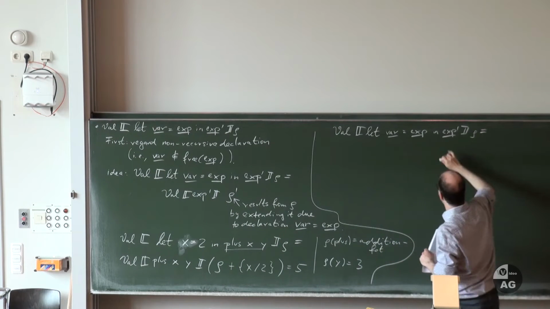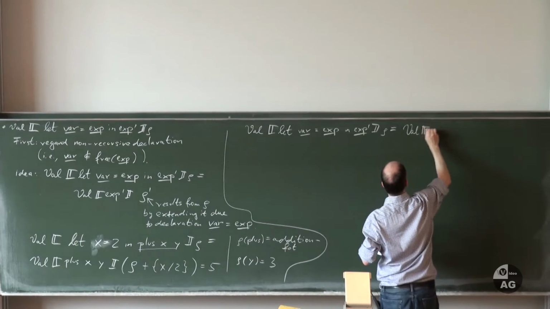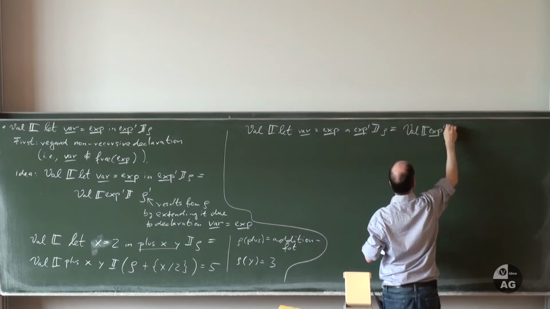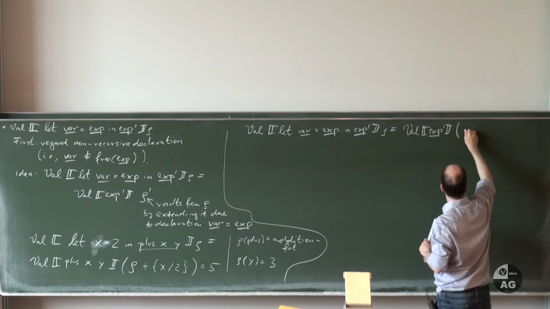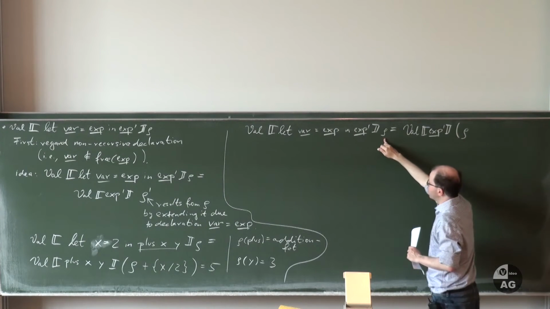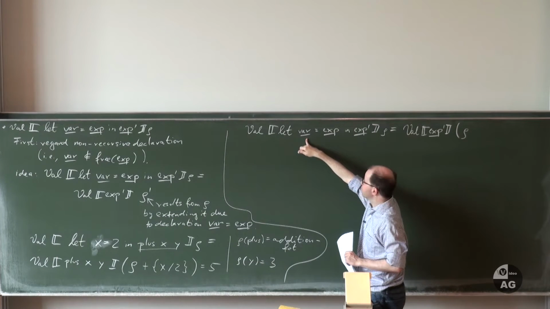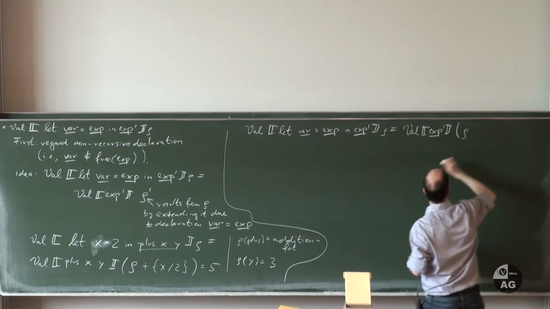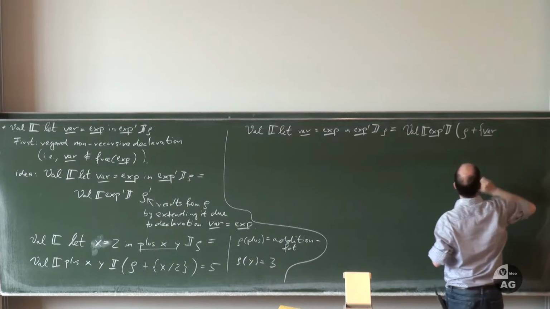So we should take the value of x prime, but not in the original environment. I mean, for most variables we take the original environment, but not for var. For var, we have a new declaration, namely this one. So we have to extend the environment, and for var, we now have a new value.